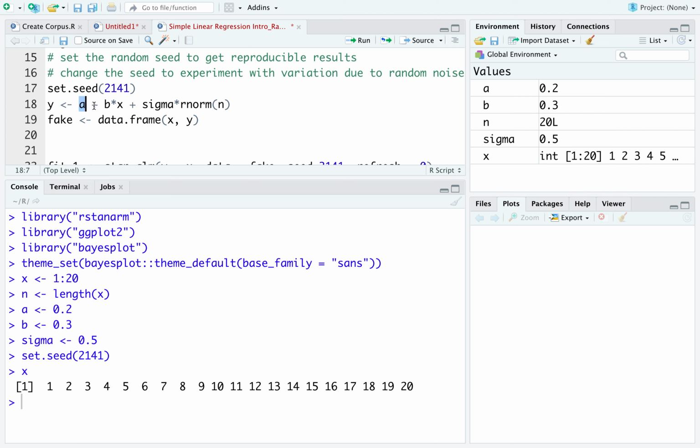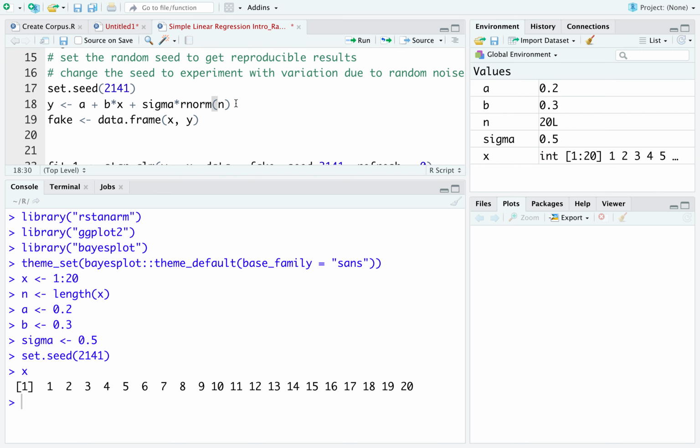And so we're taking intercept plus B times X plus a random normal distribution. So for each of those 20 observations, we're going to take our 0.5 sigma times a standard normal. We could also just set epsilon equal to this thing and add epsilon in.